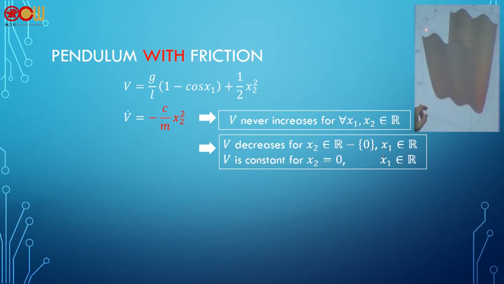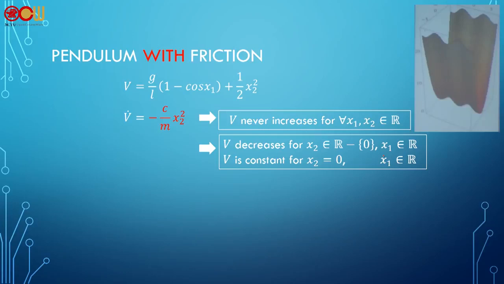When x2 is 0, which is where? At the bottom, right? There are 3 bottoms, but the x1 values are different, maybe 0 and maybe minus 2 pi. So there are 3 equivalent points. And this is not PD, as I mentioned, it's PSD. Therefore, you have multiple minima.